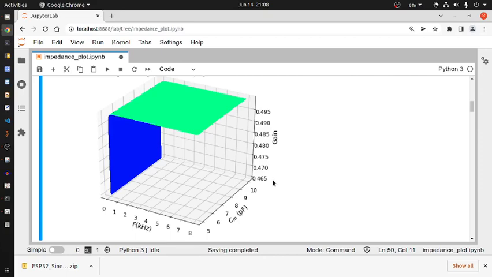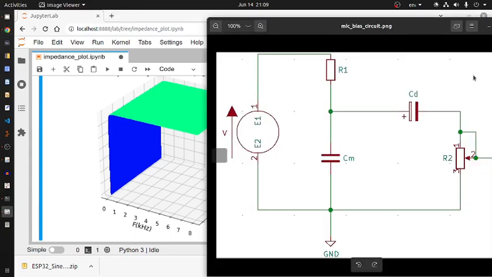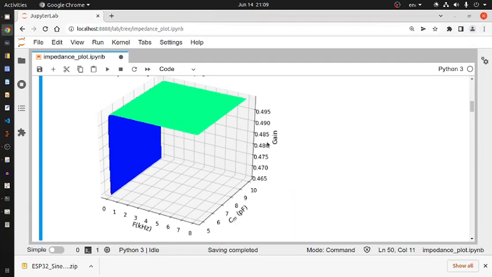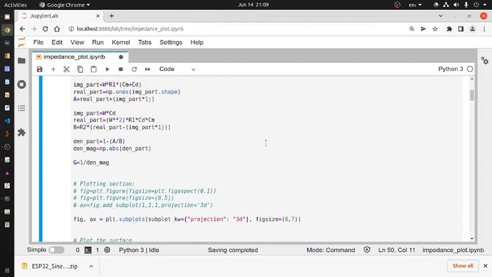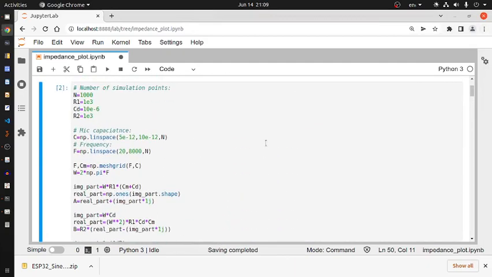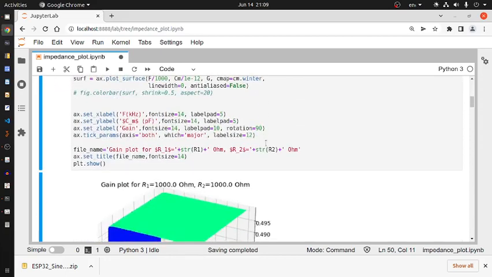So it is observed that at this particular combination of 1k and 1k, these two resistances, 1k and 1k, correct.